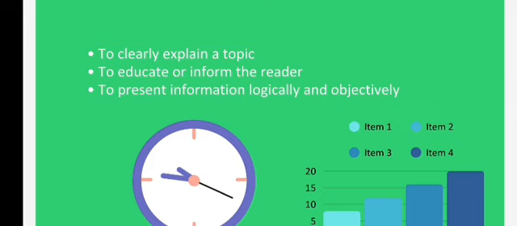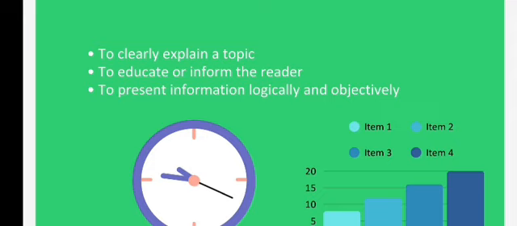Secondly, to educate or inform the reader. The purpose of expository writing is to inform the audience, to inform the reader, or to educate them. Thirdly, its purpose is to present information logically and objectively. Logically means there must be evidence and practical examples to support your thesis, to support your point.